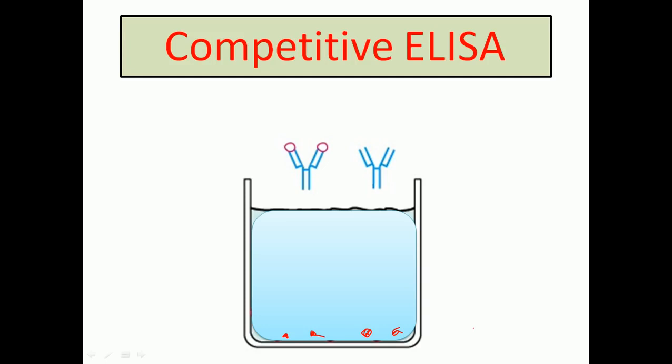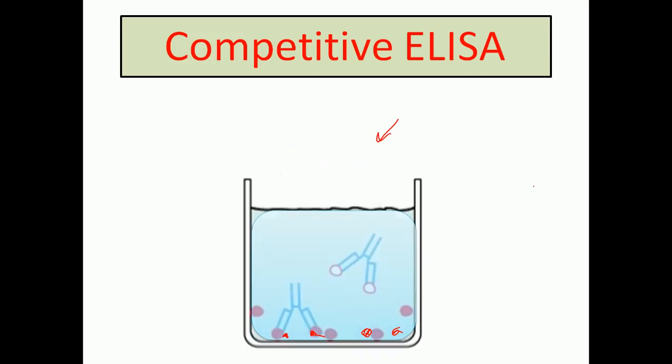But now when we add the serum, it may contain an antigen antibody complex like this left hand side one, or the antibody itself. Once we add those inside, those antibodies which are already bound with antigen are not free to interact with the antigens present at the bottom of the well, so they will just float around. But the antibody which was free previously will be able to attach to the antigens that are adhered to the bottom of the well.